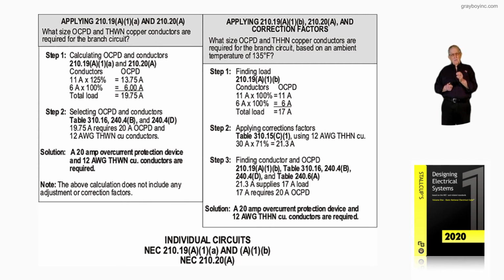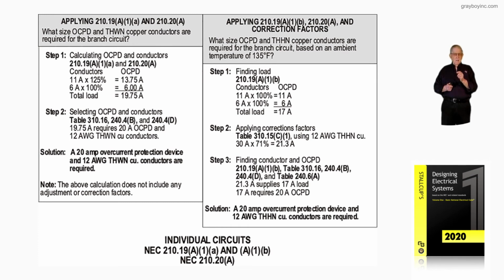Now remember, we said earlier in this presentation that you could review 110.14(C) along with 334.80, and the 90-degree permissive rule is allowed to be used.